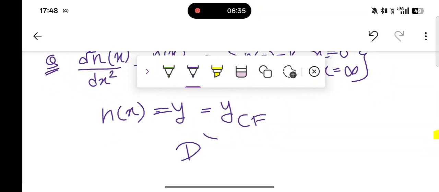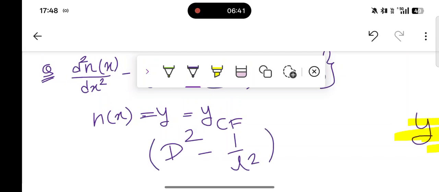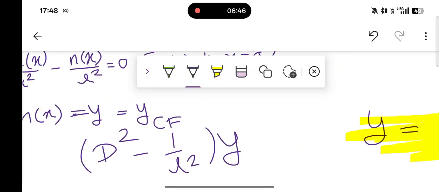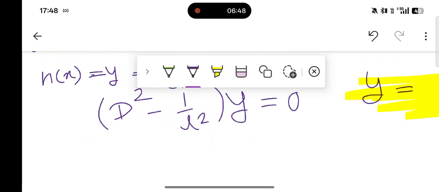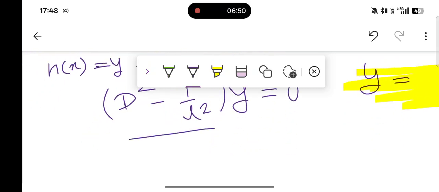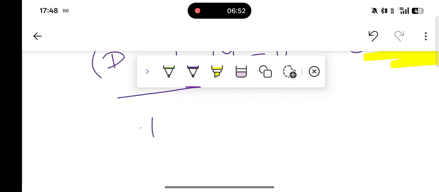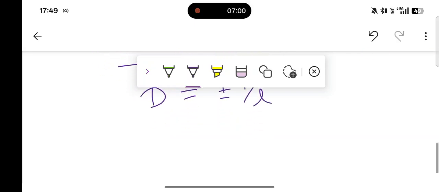Now basically this is our d square minus 1 by l square into nx, which is y, I am replacing nx as y, is equal to 0. Now we have to solve this polynomial for getting the value of ycf. Very nice. Now d will be equal to what? Our plus minus 1 by l. Very nice. Now according to the formula, ycf will be equal to what?